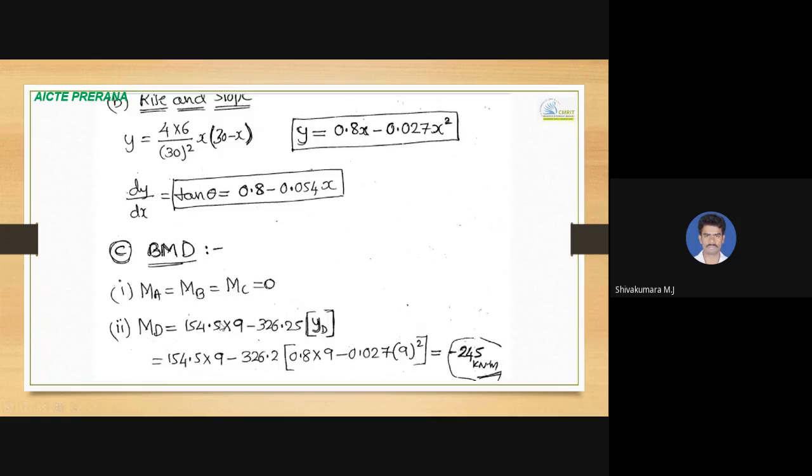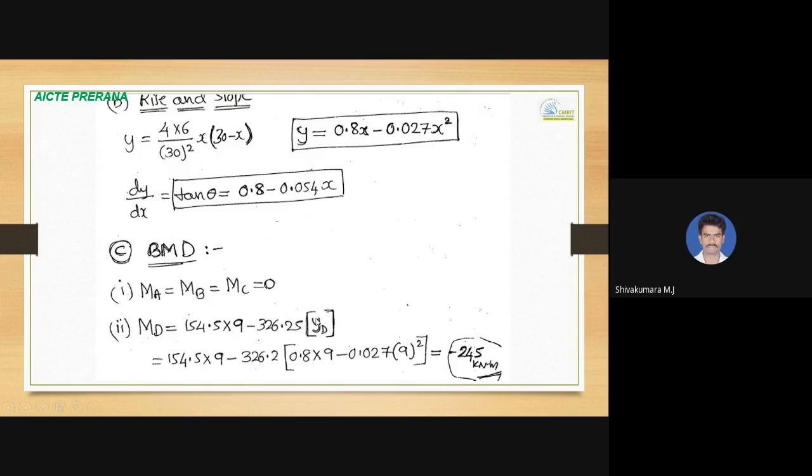So that is why it is taken as MD. 154.5 into 9, where 154.5 is VB, and 9 is the distance from B to D, minus 326.25 into YD. This 326.25 is nothing but H. H into YD, so that is the moment value. The moment at D will be minus 245 kilonewton meter.